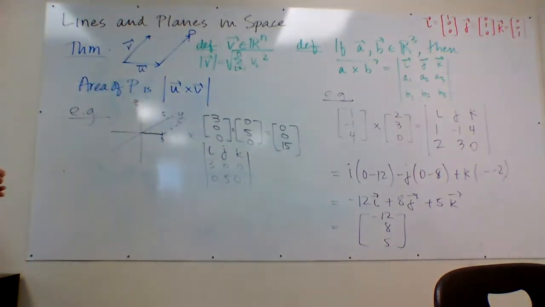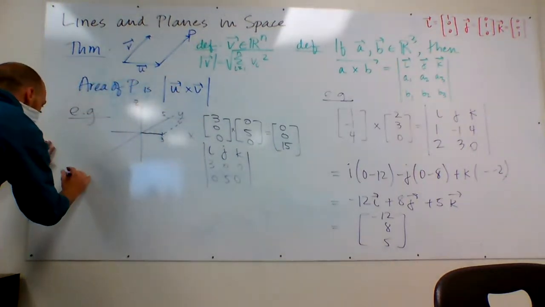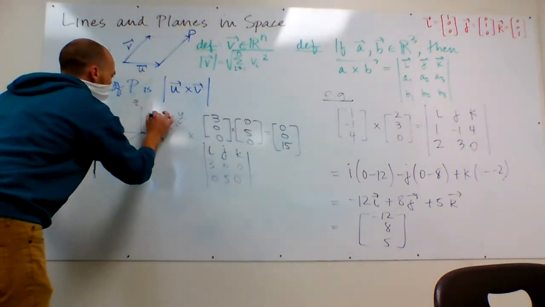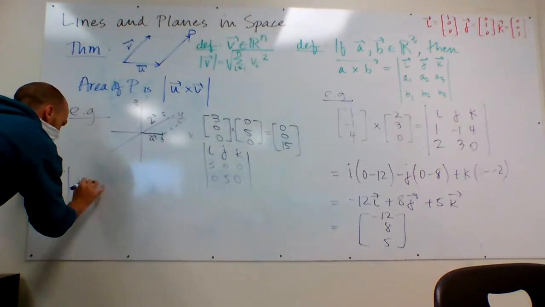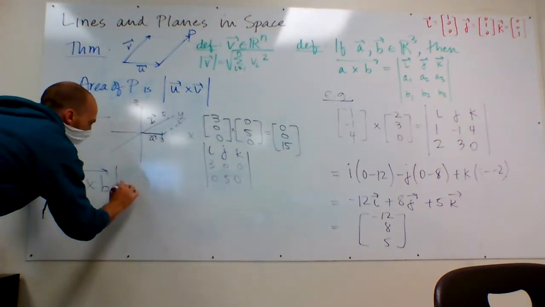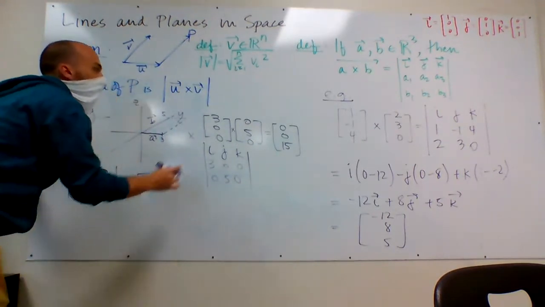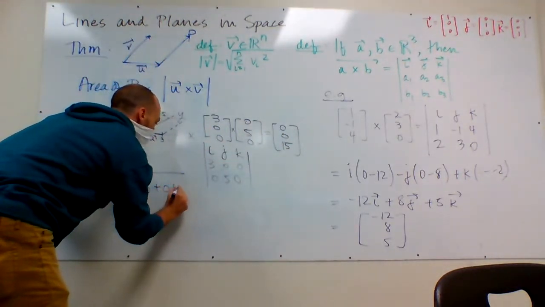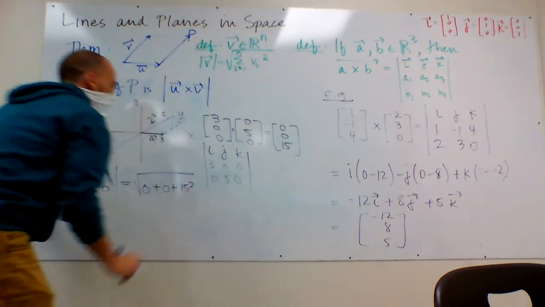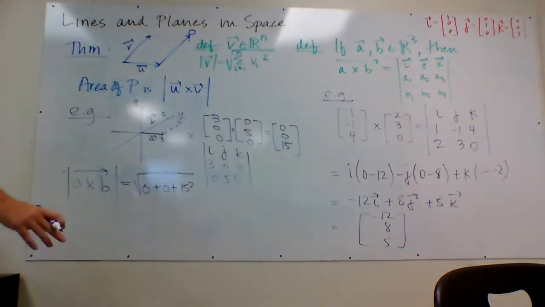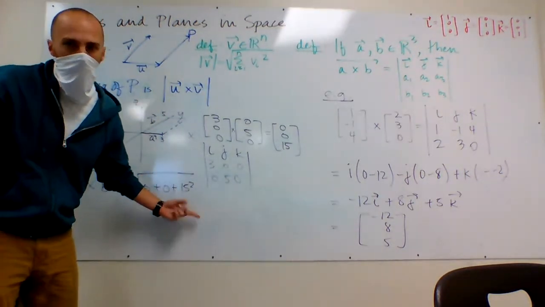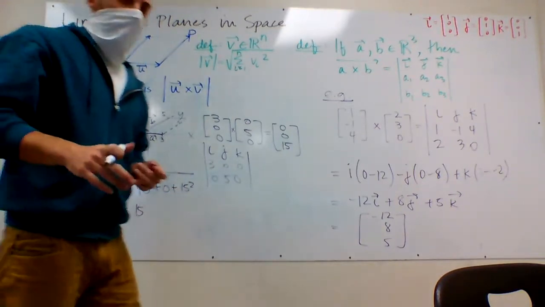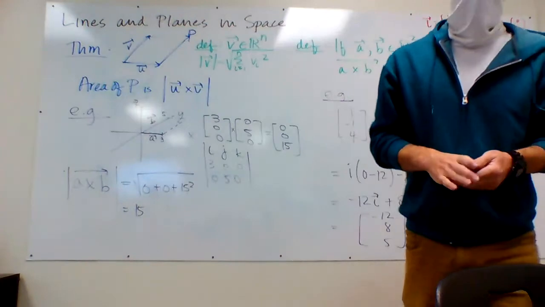But I can show you the length of a crossed with b is going to be the square root of 0 squared plus 0 squared plus 15 squared. That is 225, I do know that. But even if I didn't, the square root of 15 squared is going to be 15. Okay. That's one thing we can do with the cross product.